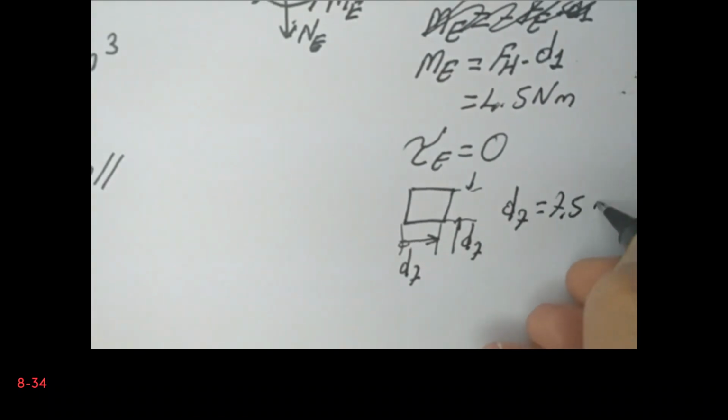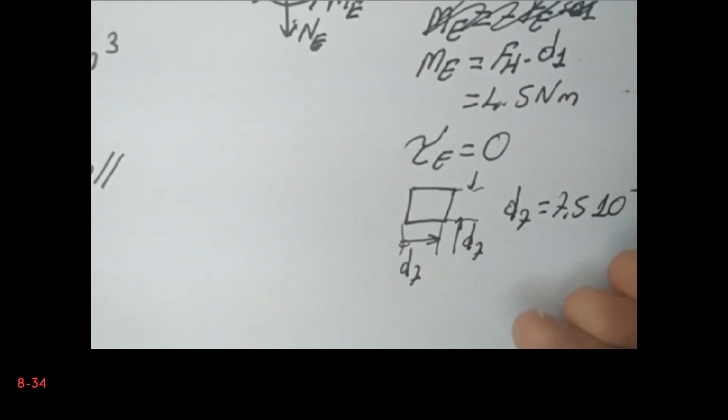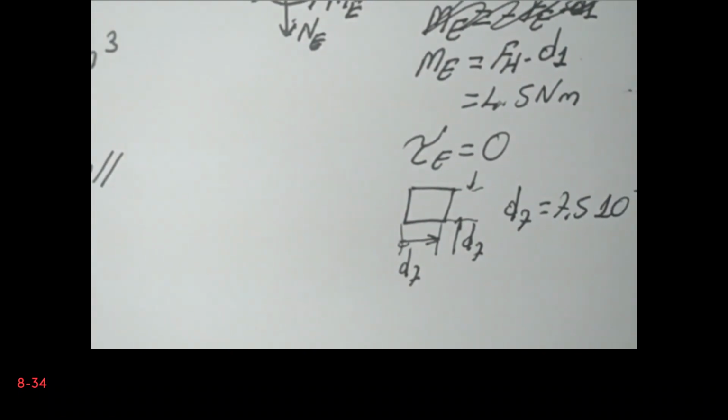So let's calculate the bending moment of inertia for this cross section. IE is 1 over 12 D7 to the power 4.